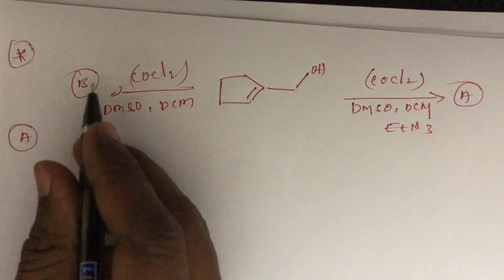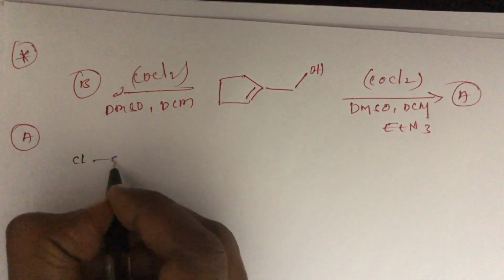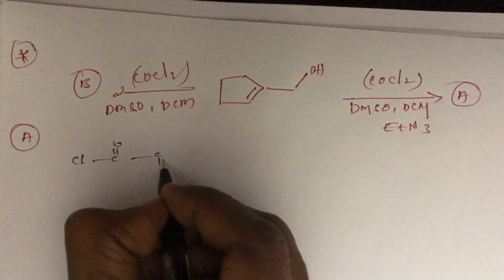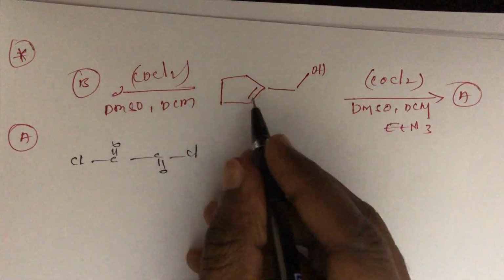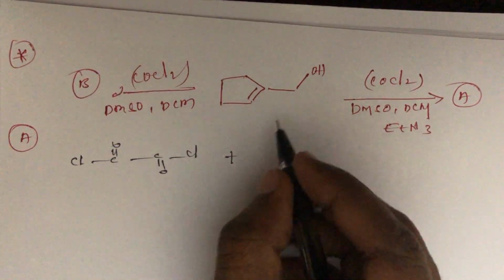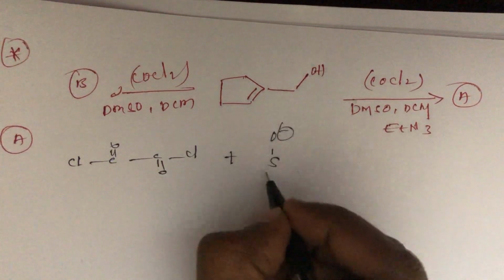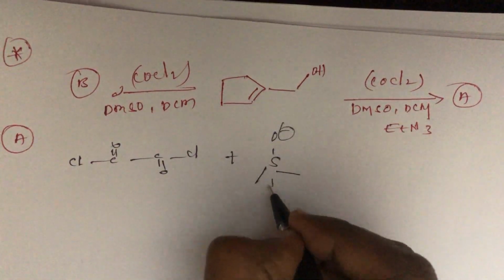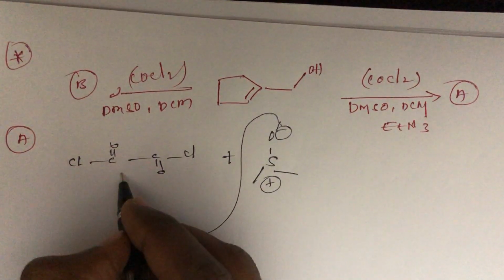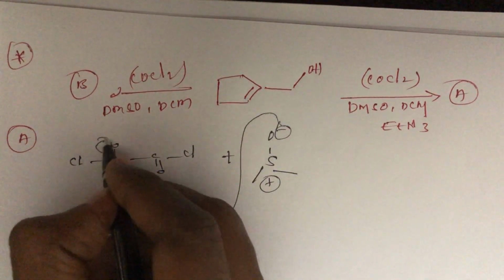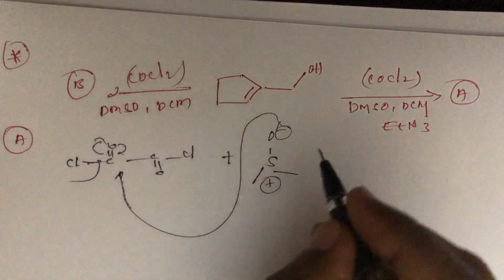So write COCl2. Again the same reaction mechanism. COCl2 is treated with DMSO, O minus. So here we have a positive charge. This nucleophile attacks an electron deficient place. So chlorine will leave.